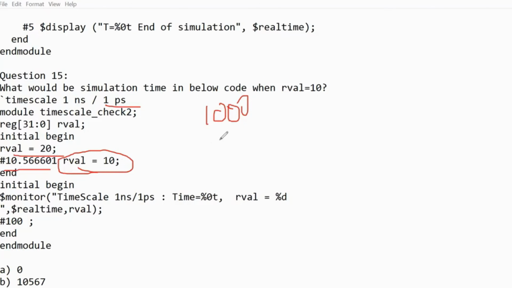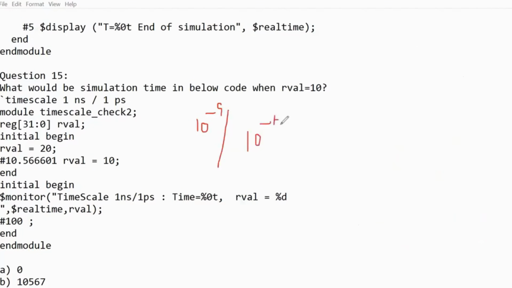This 10.56 must be multiplied with 1000. What will be the value? How is it 1000? What is the value of 1 nanosecond? 10 power minus 9 divided by 10 power minus 12. After cancellation, it will remain 10 power 3, which is nothing but 1000.